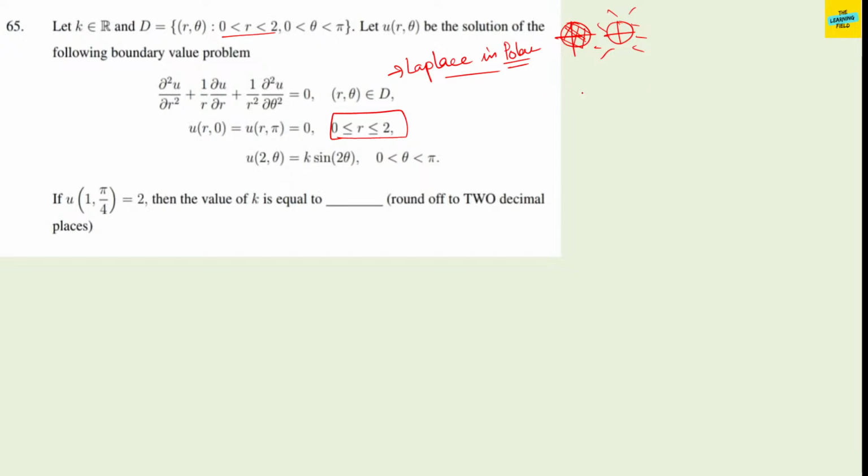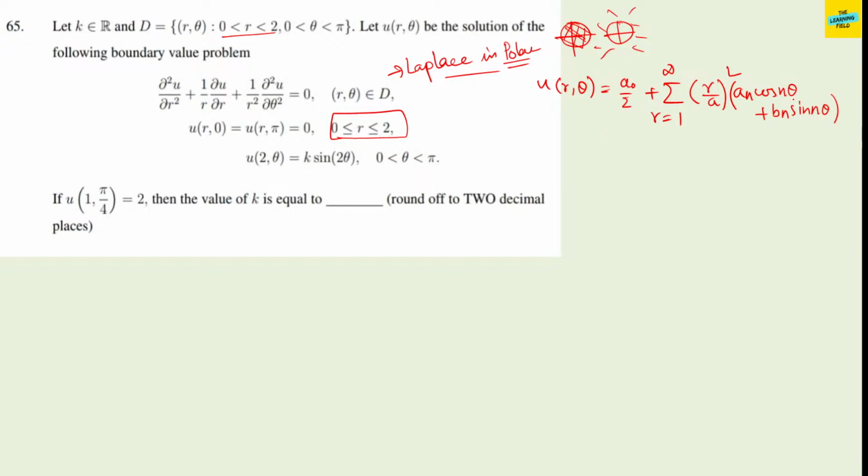So what is the solution of these types? u(r, theta) is equal to a0 upon 2 plus the sum from n equal to 1 to infinity of (r by a) whole to the power n, times a_n cos n theta plus b_n sin n theta. This is the solution.